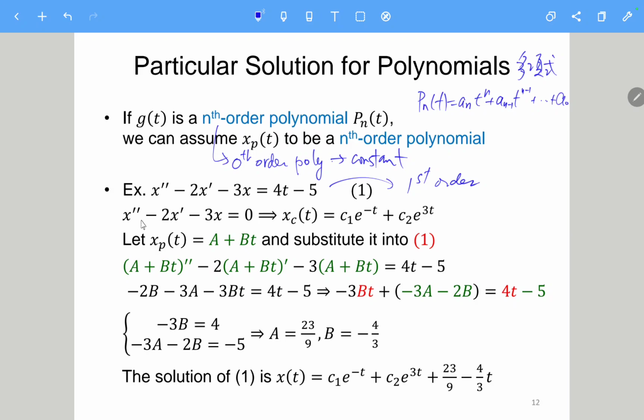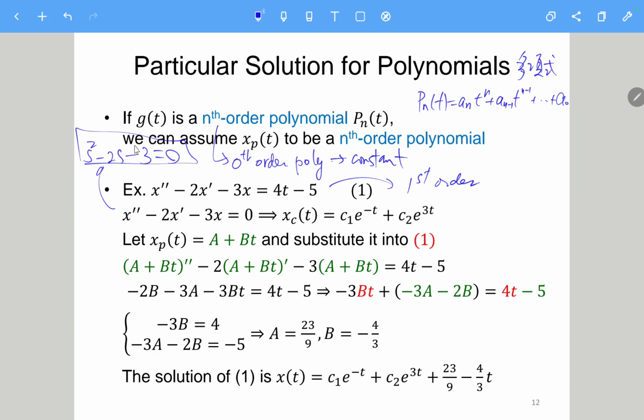Okay, so in this case, you can write the characteristic equation, which is s squared for the second derivative, minus 2s for the first derivative, and then minus 3 for the zero derivative, which we change to 1, so minus 3, equals 0. This is the characteristic polynomial, or the characteristic equation.